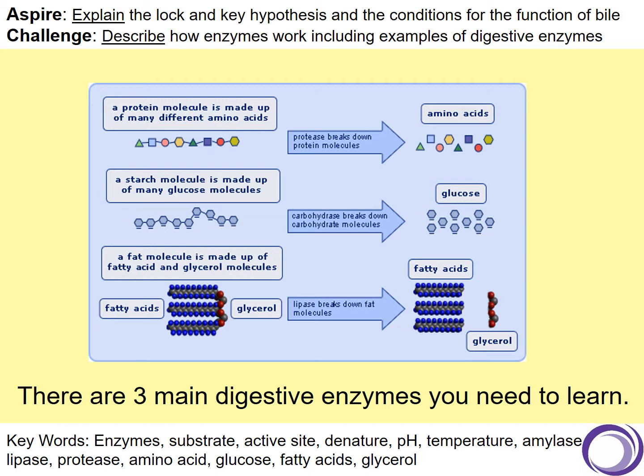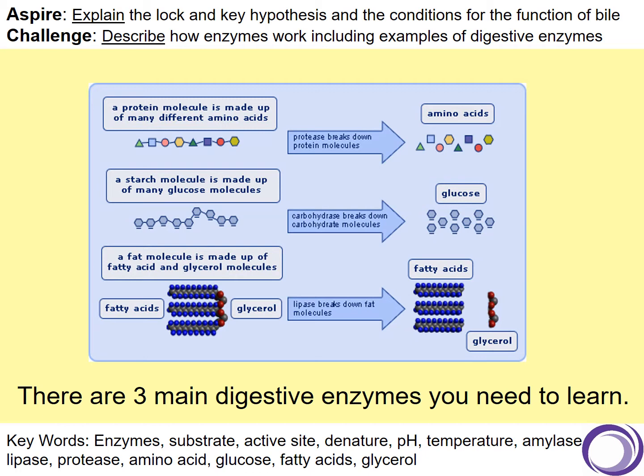Fat is the one that most students get wrong or forget one part. A lipid, or a fat, is made up of fatty acids and glycerol. They are two different parts. And when a lipase enzyme breaks down a fat or a lipid, it makes fatty acids and glycerol. I'm making that really obvious that I keep on saying and glycerol.